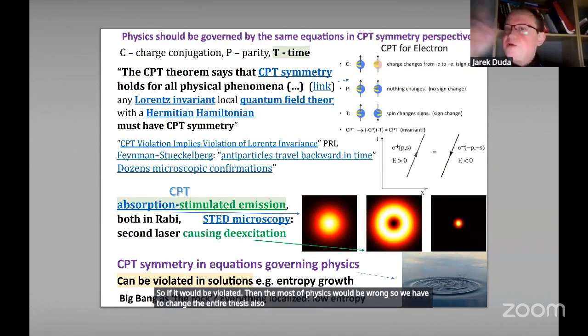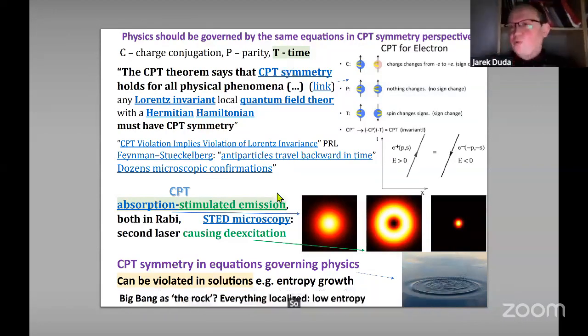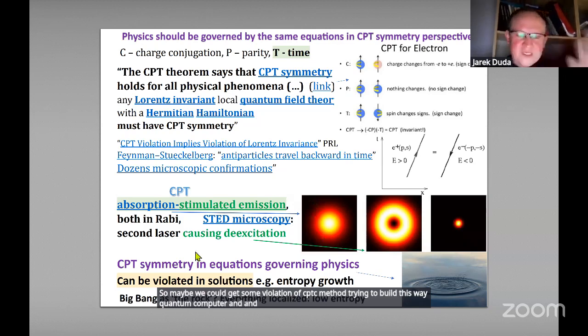But maybe experiments trying to build such a two-way quantum computer will show that something is wrong. Maybe we could get some violation of CPT symmetry trying to build this two-way quantum computer, and with different applications I will mention in a moment.